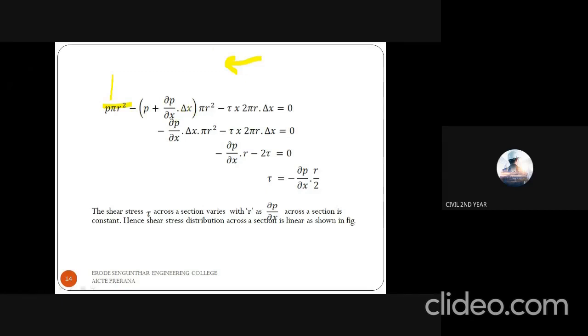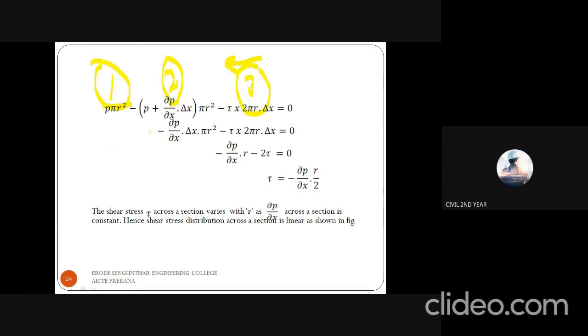Minus, because the shear stress also acts in the opposite direction of the fluid flow: tau into 2 pi r into del x, equal to 0. So this is the summation of all the forces: force 1, force 2, then force 3. These are the three forces we are considering, and the summation of all the forces is equal to 0.